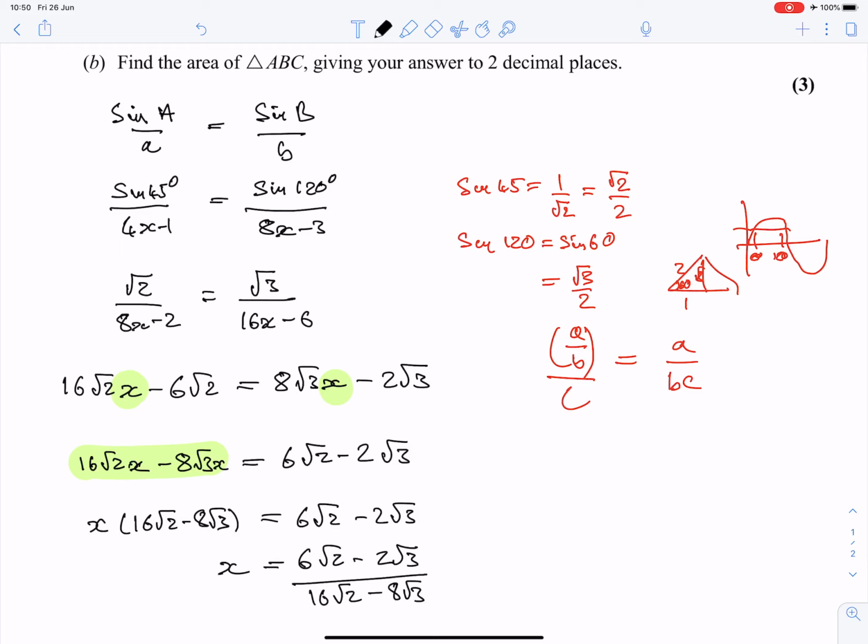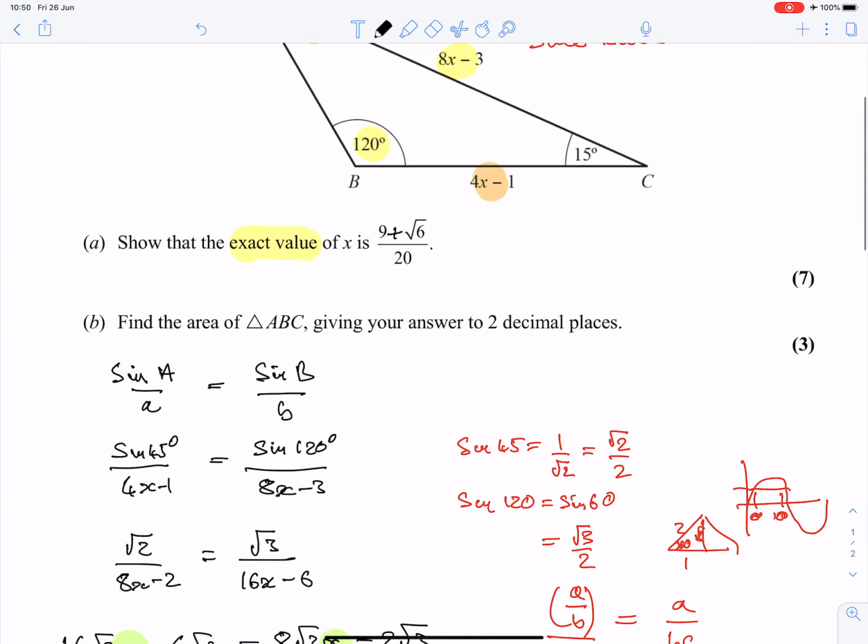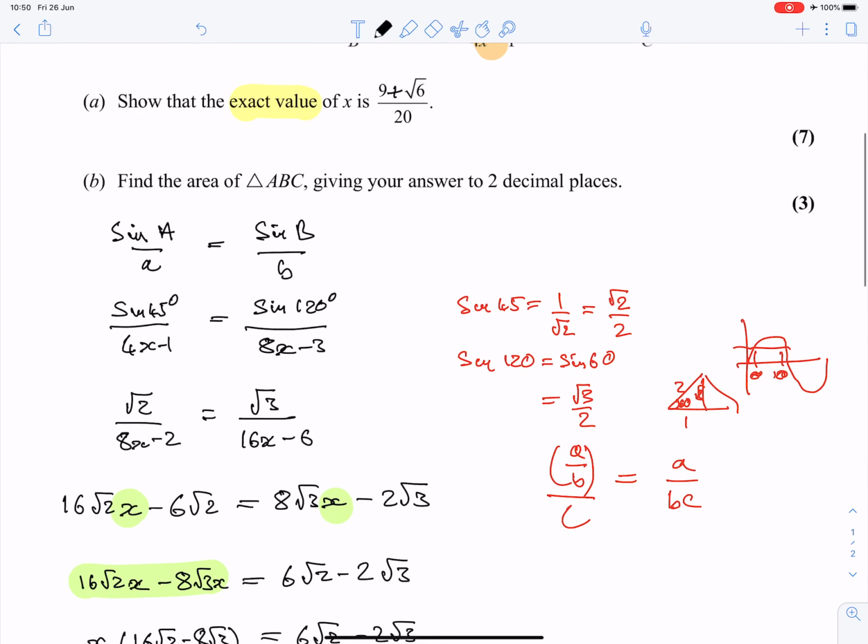Let's go back, check the question. Show that the exact value of x is (9 plus root 6) over 20. So if we look at this, the form of this, they've rationalised the denominator.